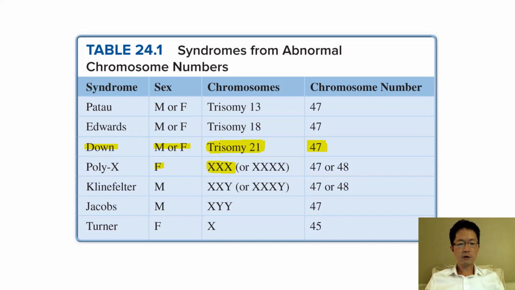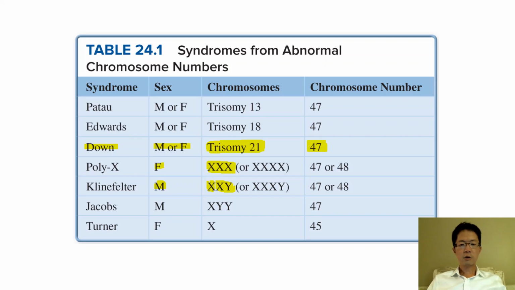But Klinefelter occurs in males because the patient has a Y chromosome, but also 1 extra X chromosome. That causes the male to develop some female features. For example, the male can develop breasts.